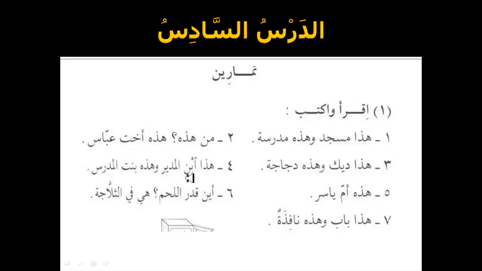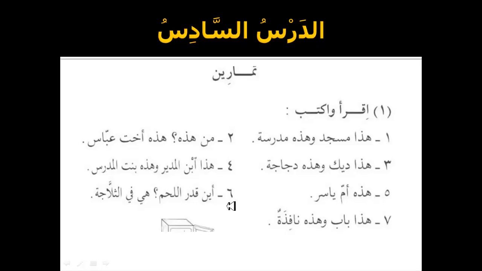This is the principal's son, and this is the teacher's daughter. And because you can see that it's just reading and writing, so just read and write and practice. Number 5. هذه أم ياسر. This is Yasser's mother.